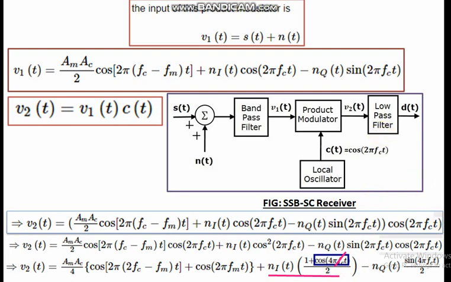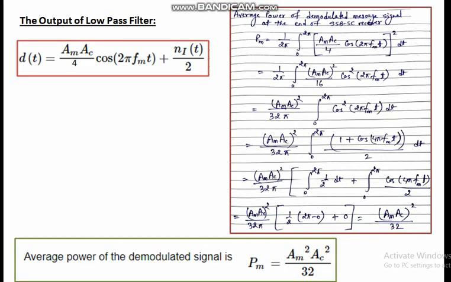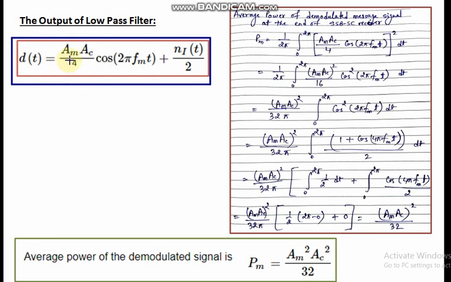Okay, so at the end of the receiver we will have only this term, that is dt is equal to AmAc by 4 cos 2 pi fmt, which is containing the message signal, and the noise signal is ni by 2. Now we have to calculate the average power.